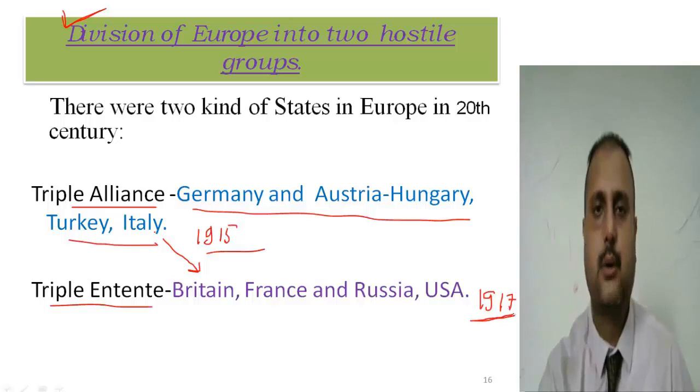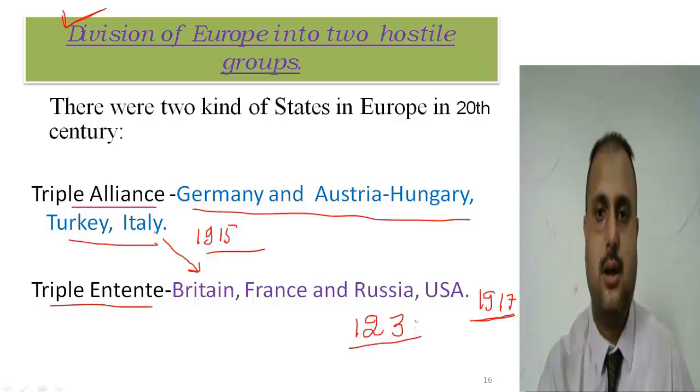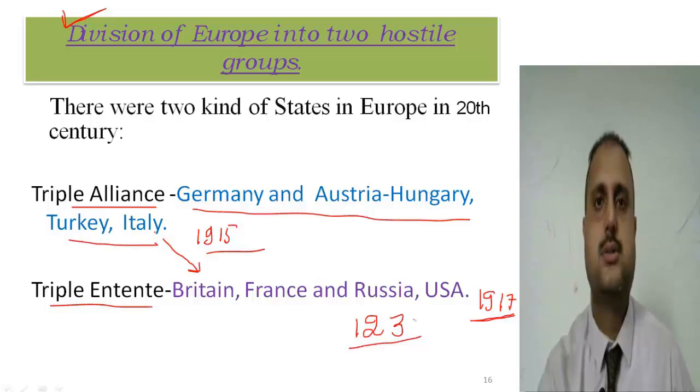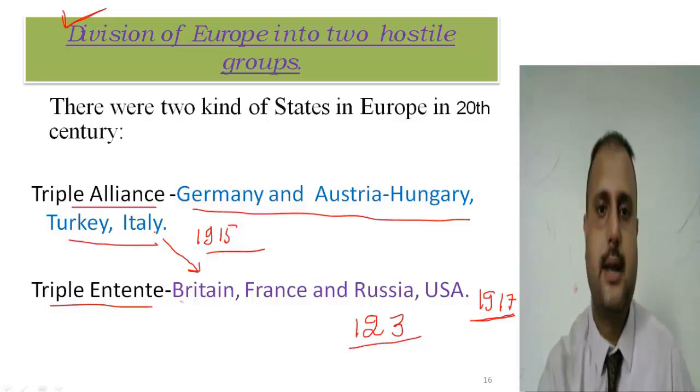The name of the cargo ship was Lusitania, in which 123 American passengers died. So it was also one of the causes behind the participation of America in the First World War. Another cause was that Britain had taken so much loan from America.